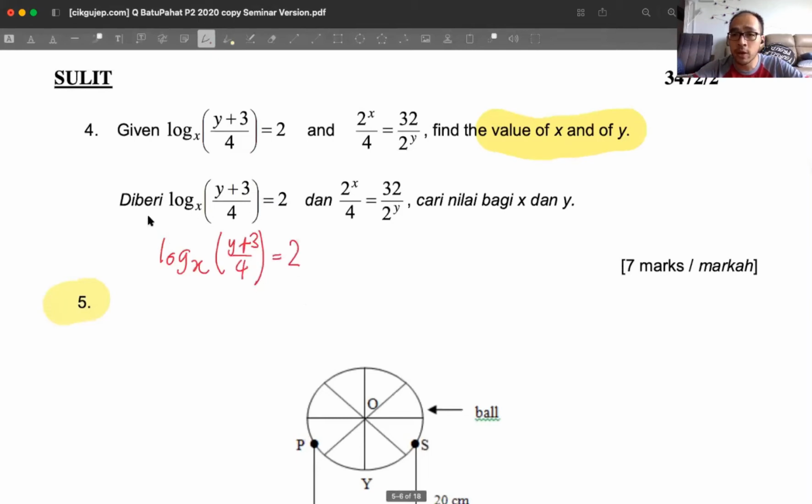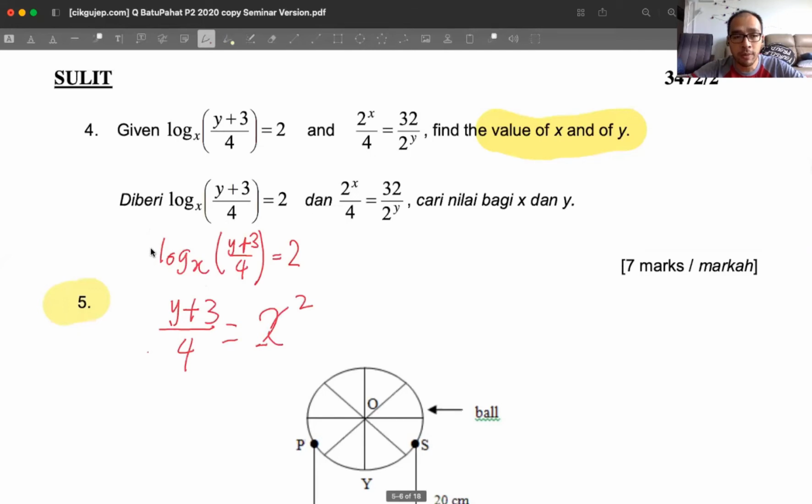Now, if you want to form an equation, you definitely cannot have the log. So what you do is you change this to become index form. So this will be y plus 3 over 4 equals to x to the power of 2, x squared. Change log form into index form.